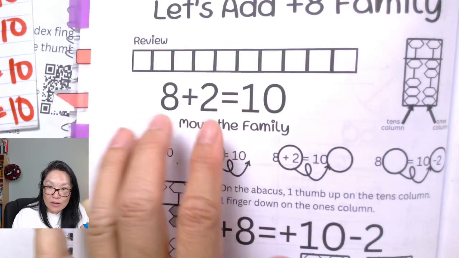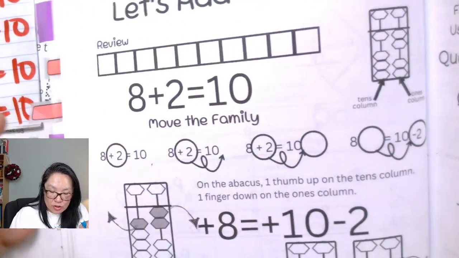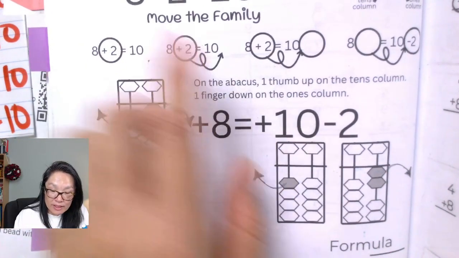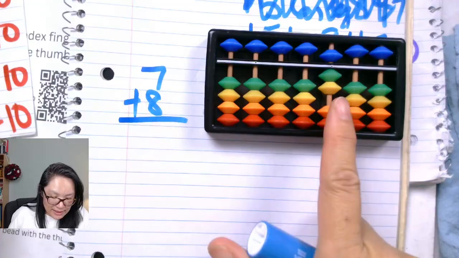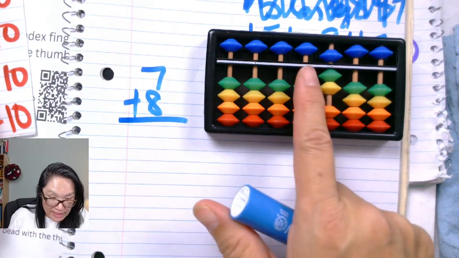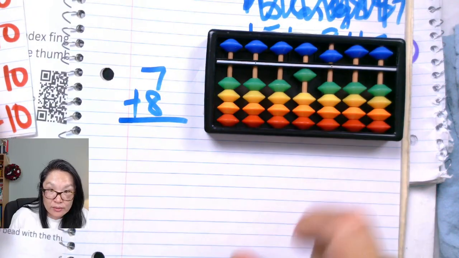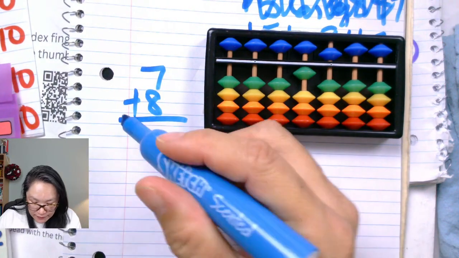This is the pair: 10 and 8 is equal to 2. So we're going to modify it and do plus the 10 minus the 2. Plus the 10 just means 1, 0. We're going to plus the 10 and then take away the 2. So my final answer is 15.